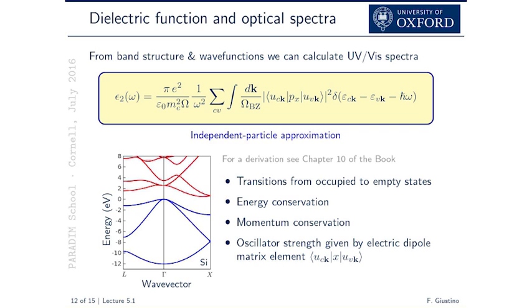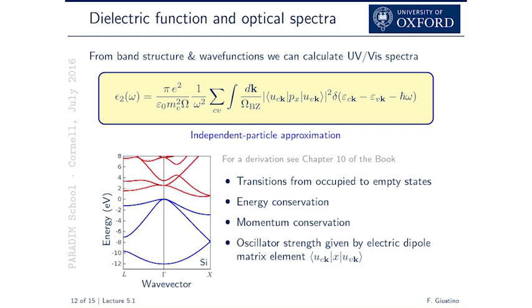If the photon energy is larger than the gap, maybe I can find some matching here, and therefore I can have absorption. That's what people call energy conservation: that the energy of the final electron has to be equal to the energy of the initial electron plus the photon energy. But really this is only a statement about a mathematical equality. It can be interpreted as energy conservation, but it's a result of time-dependent perturbation theory.